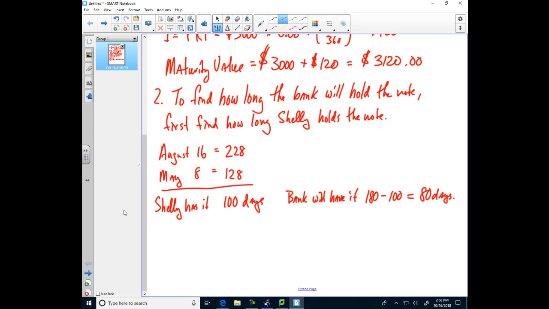Okay, does everybody understand why we did it this way? All right, so now we can go back to 295 and see what the next step was. And the next step is calculate the bank discount. Now, you can also add to that, this is the interest that the bank's going to charge.